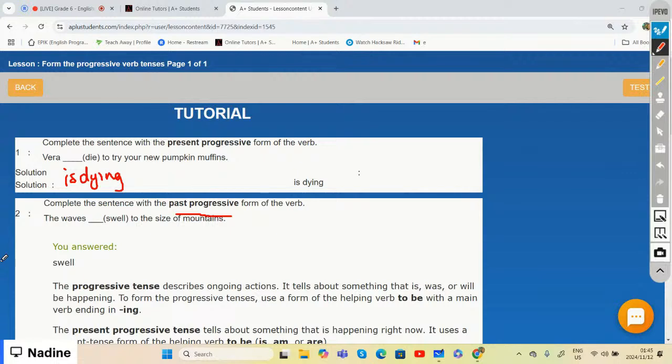All right, so we say the waves swell to the size of the mountains. We need to choose the past progressive verb tense.